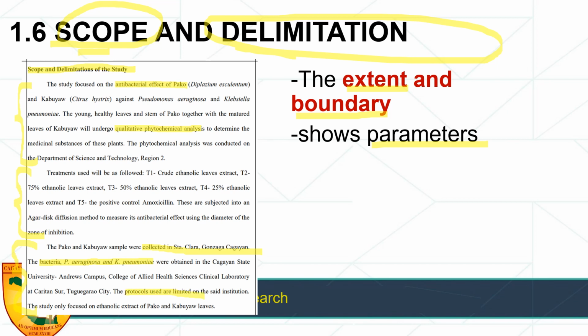So, in short, their scope and delimitations look into the objectives and their methodology: what parts are included, where they collected these, what protocols were used, and where they obtained the bacteria that they will be using.